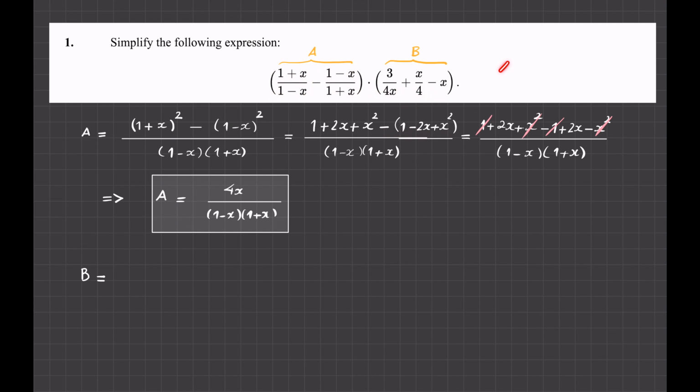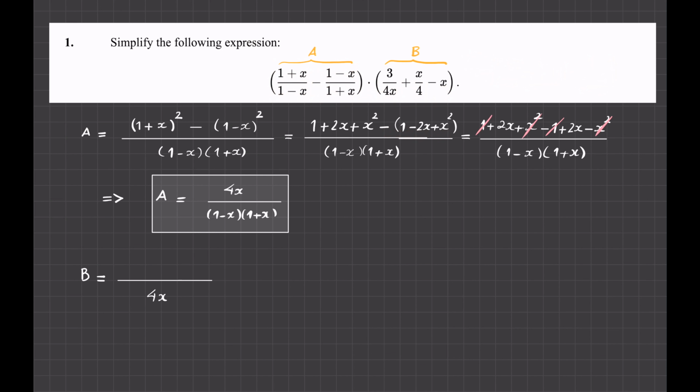So between 4x, 4 and 1, what is the LCD? The LCD is 4x itself. 4x is divisible by 4x, it is divisible by 4, it is divisible by 1, and that is the smallest expression possible. So the common denominator for the second expression is simply 4x.